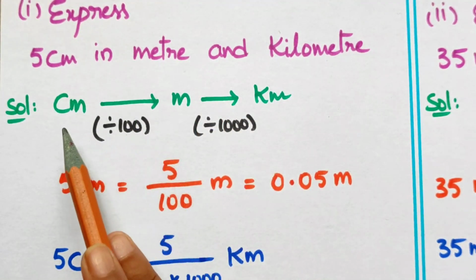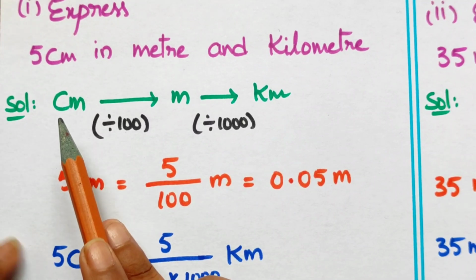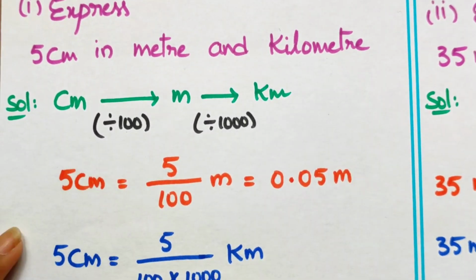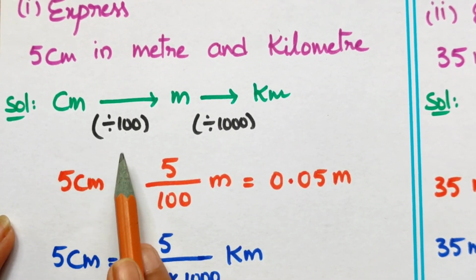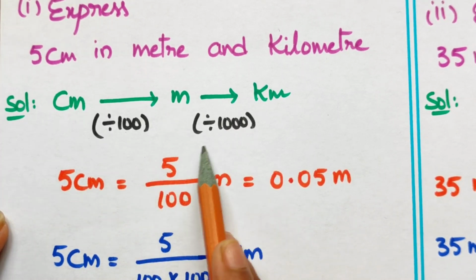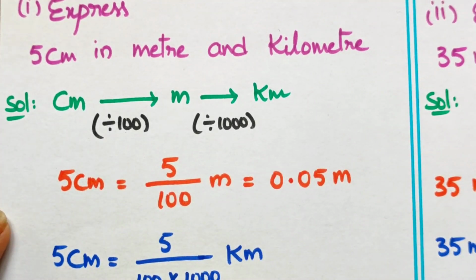in meter and kilometer. Centimeter divided by 100 we get meter, and meter divided by 1000 we get kilometer.